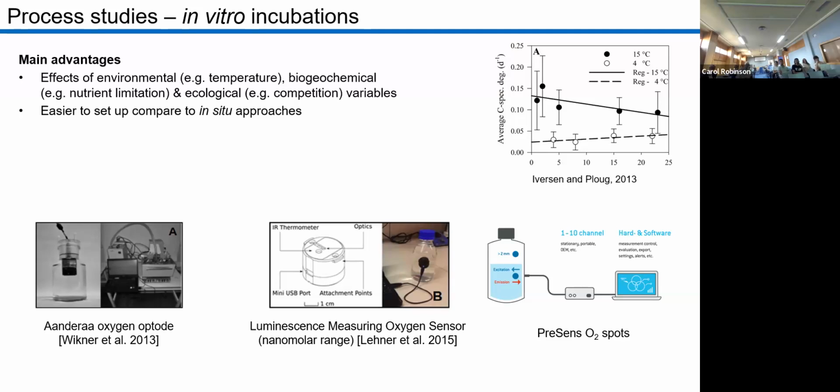It's a sensor used to measure oxygen at nanomolar concentration, mounted on a glass bottle as well. And on the right, you have these spots that you can glue inside your incubation bottle, and then you can measure your oxygen concentration during your incubation through the wall of the bottle. So it's relatively easy to do the measurements and easy to set up.